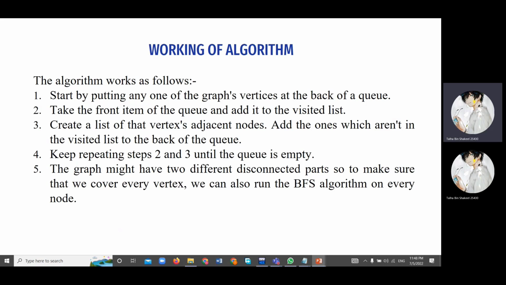Create a list of the next vertex's adjacent nodes, and add the ones which are not in the visited list to the back of the queue. Keep repeating steps 2 and 3 as we discussed above until the queue is empty. The graph might have two different disconnected parts, so make sure that we cover every vertex. We can also run the breadth first search algorithm on every node.